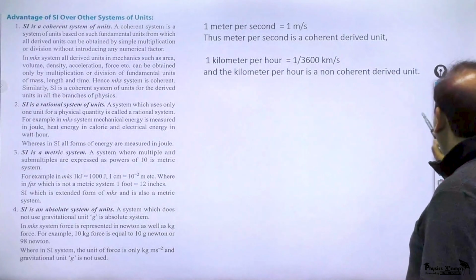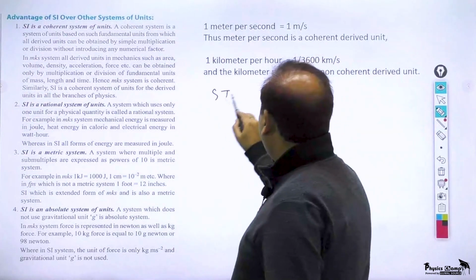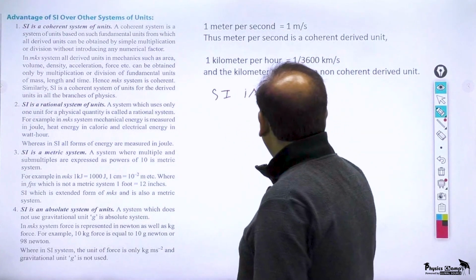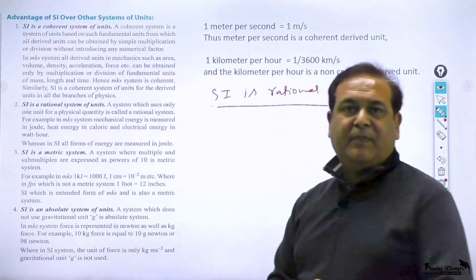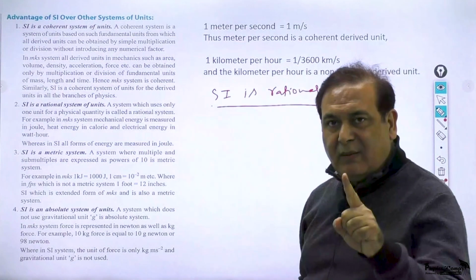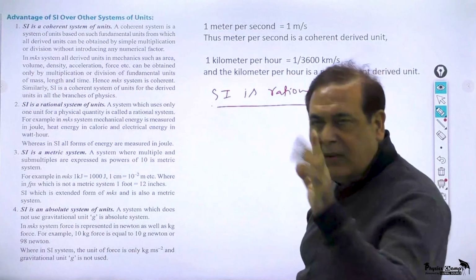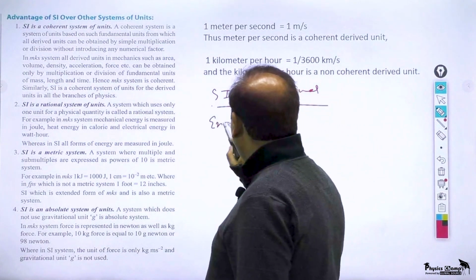The second advantage: SI is a rational system. When we say rational system, it means there is one unit for one physical quantity. For example, we take the case of energy.